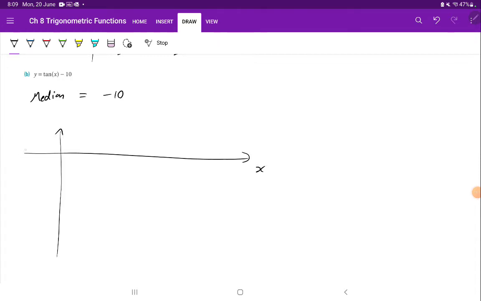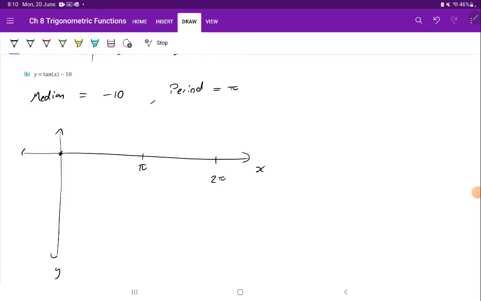X and y, and the period, which is really important for the tan function, is just going to be pi, because remember, tan's base period is pi, cosine and sine are both 2 pi. We're doing it between 0 and 2 pi, and pi. And remember, tan starts at 0.